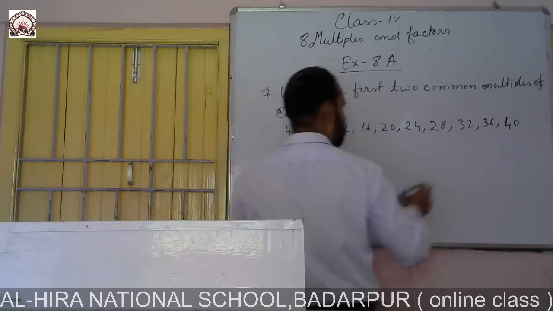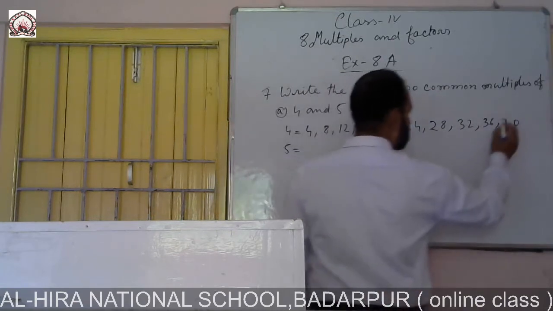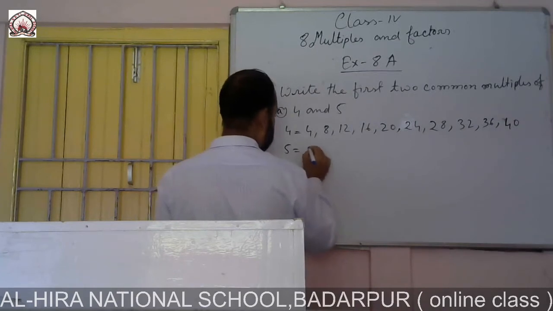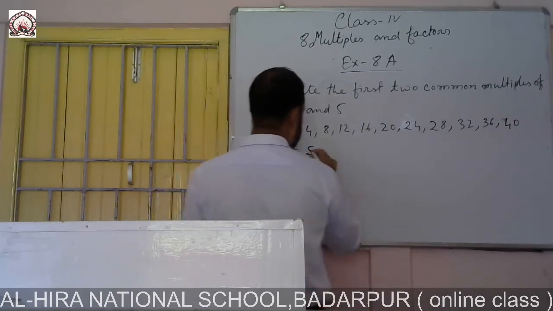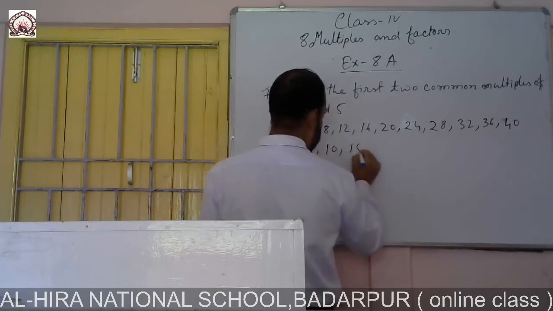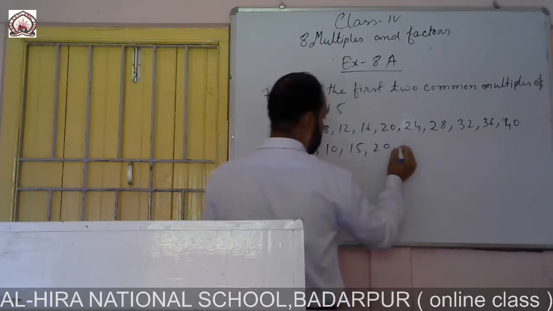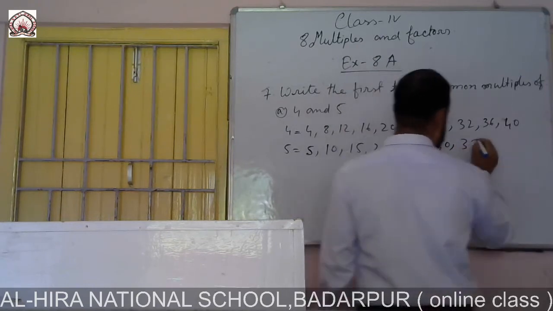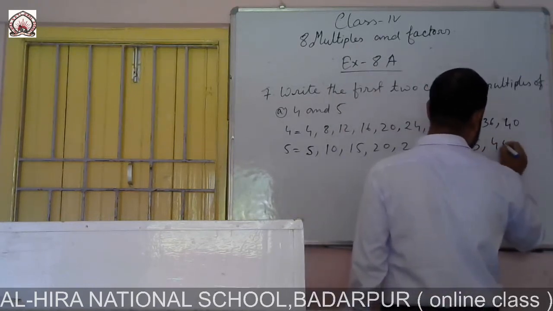Next, table number 5. 5 1s are 5, 10, 15, 20, 25, 30, 35, 40.